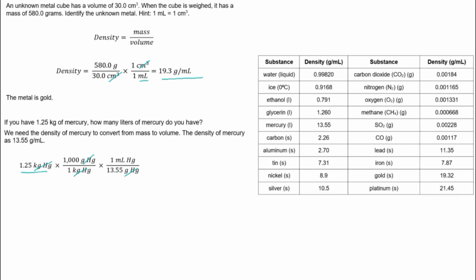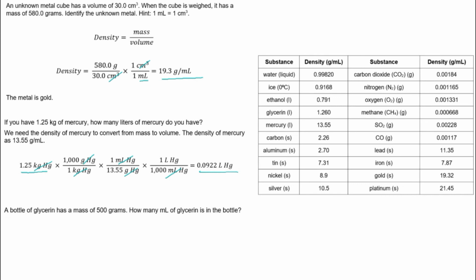That gets us to milliliters of mercury. But our problem asked us for liters, so we have one more conversion. That is simply milliliters to liters. And now we can do our math. So that gives us 0.0922 liters of mercury.